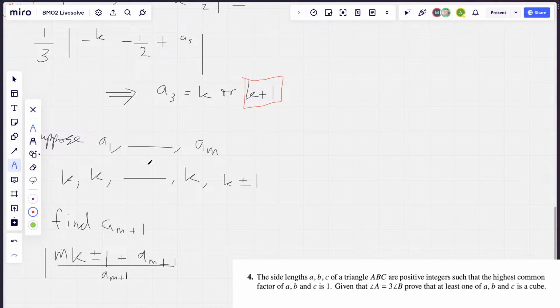Oh, sorry. Right. This is 2B and that's 2B. Yes. That's 3B. Yes. Okay.